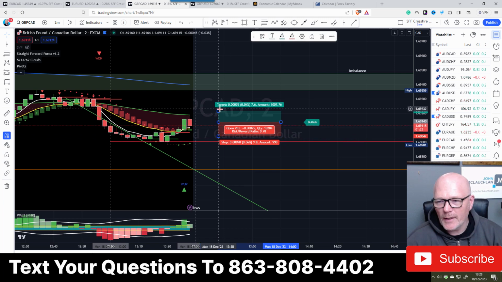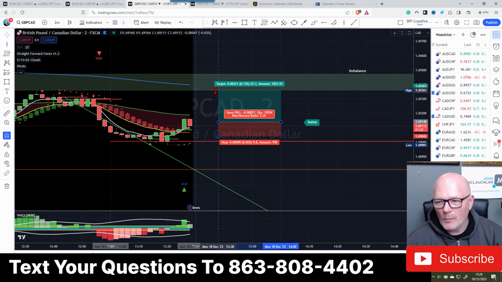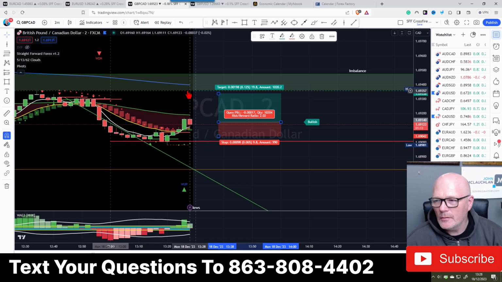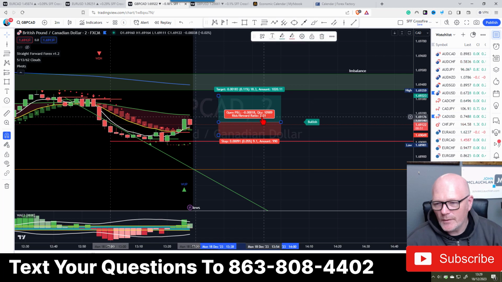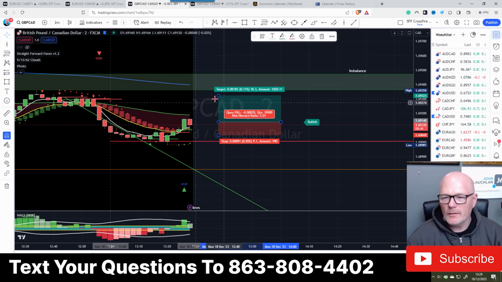What I'm thinking is you want a 1-to-2 ratio, ideally below the imbalance, around these previous highs, and even there your stop loss is 9.8, still quite a bit. However, if we took it to the bottom of this engulfing candle here, we've got 9.1 pips of stop loss, and if we say that's 2%, 18 pips of profit.